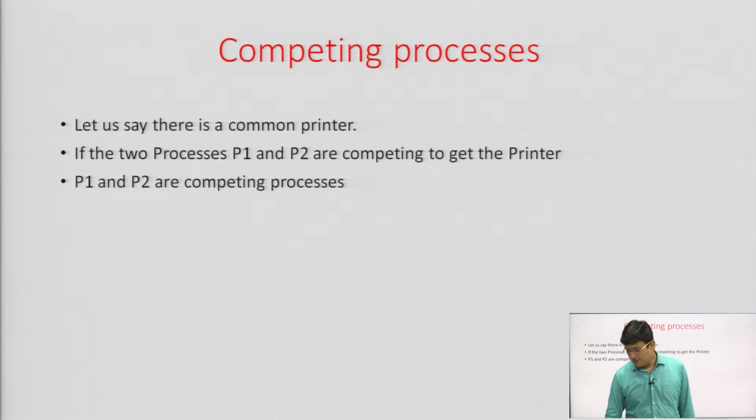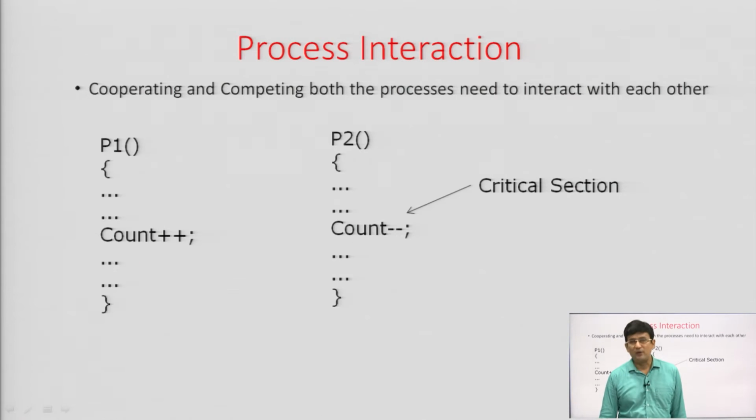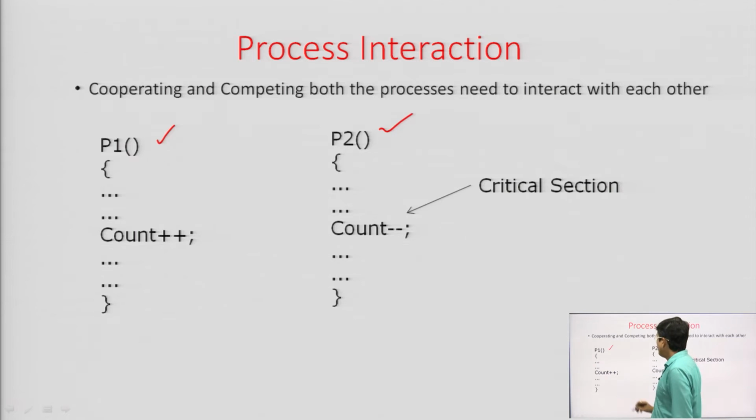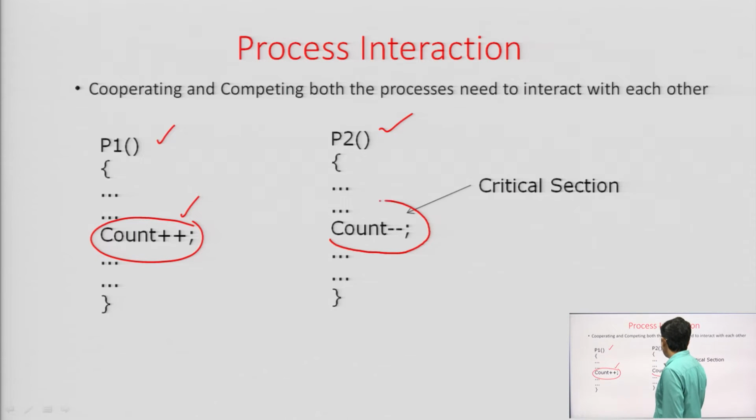Okay. We have discussed this with the help of this count variable, wherein there are two processes P1 and P2. One is trying to update the count by incrementing, and another one is trying to update the count by decrementing. You can take the example of booking and cancellation of a ticket.